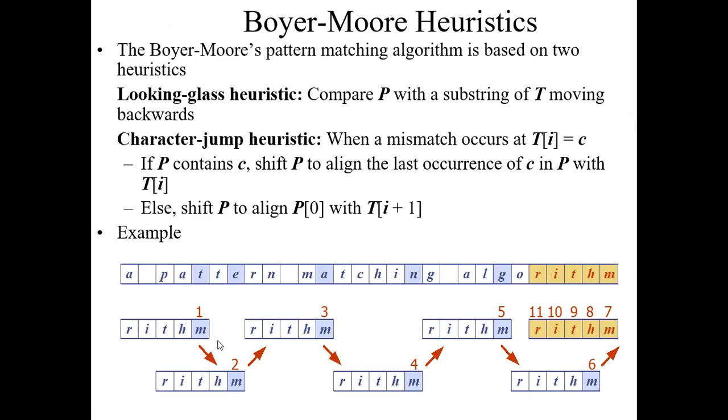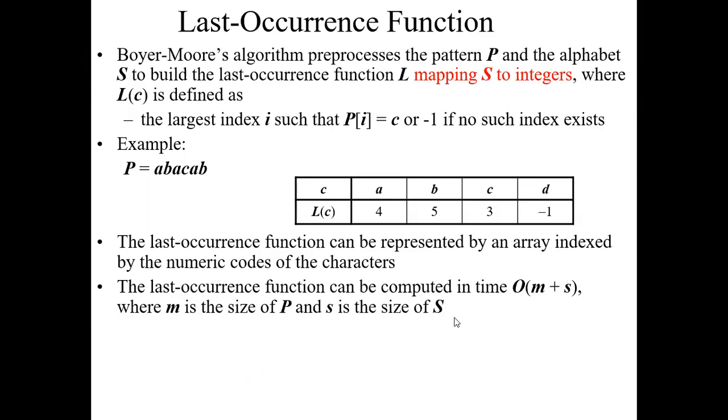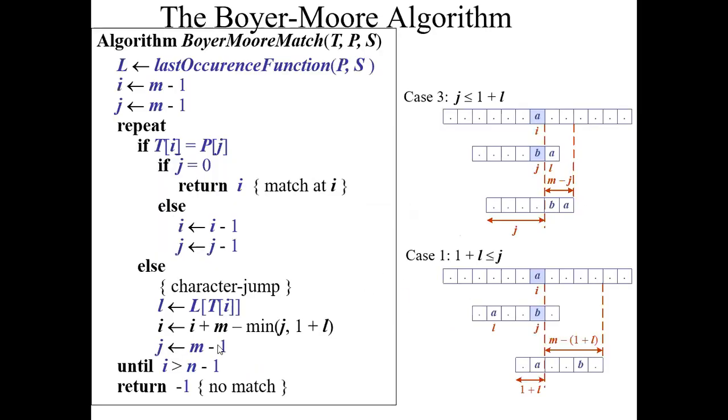Whenever a mismatch happens, except the case where alignment is happening, we are again beginning comparison from the end of the pattern. So that is why you can see over here the value of j is initialized as m minus 1. We have discussed this thing, how many times to repeat, and if we have not found the pattern in the text, then we return minus 1.